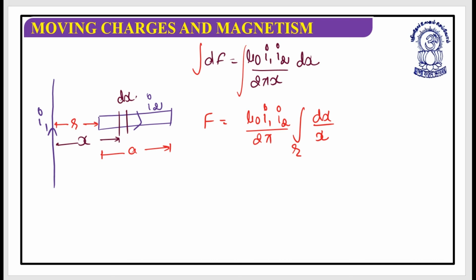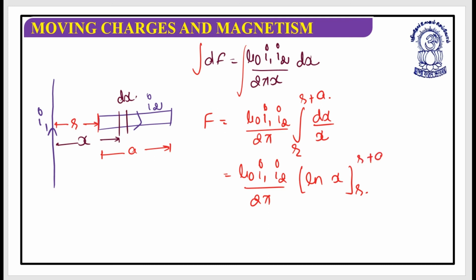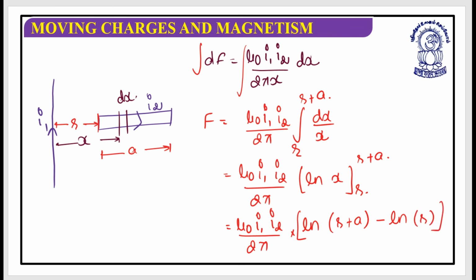I need to integrate from this distance r to r plus a. So it's mu naught I1 I2 divided by 2 pi times the integral of dx by x, which is ln x, from r to r plus a. That is equal to mu naught I1 I2 divided by 2 pi into the bracket ln of r plus a minus ln of r. I hope this is clear.